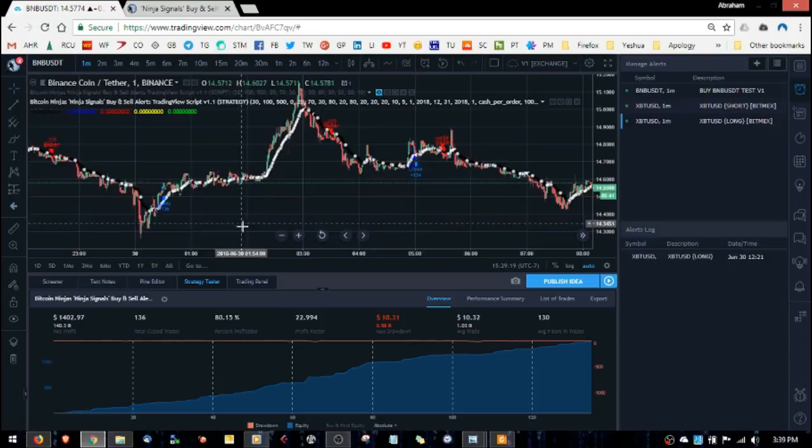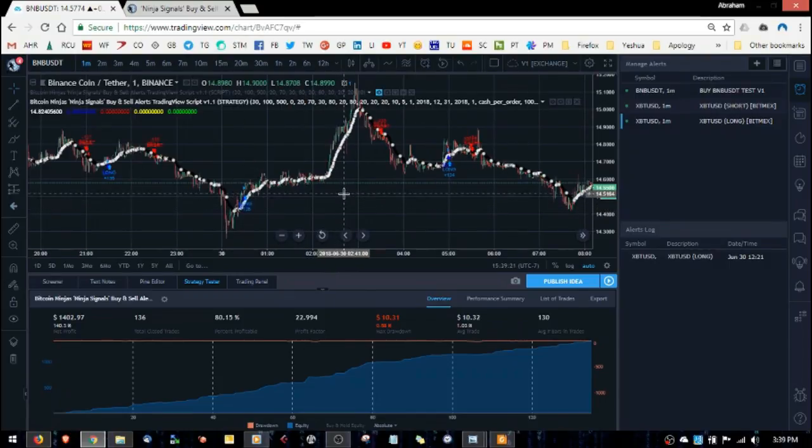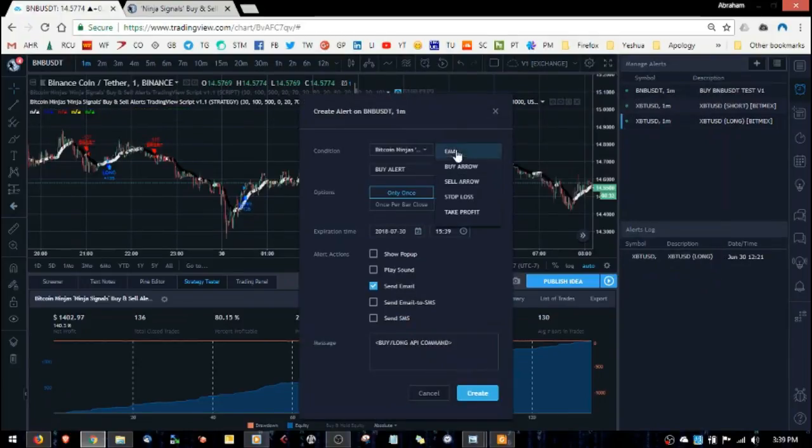So backtesting is really the first step. Once you've backtested, you can then set test alerts to start forward testing or live testing. And so to do that, just like before, you can add an alert, set up a buy alert here, and just put something in the message body that's nothing that would trigger a real order from your automated software, or nothing real that would cause you to place an order.